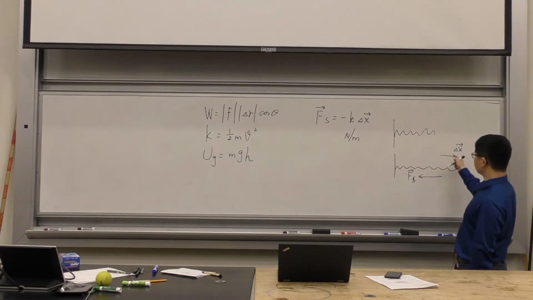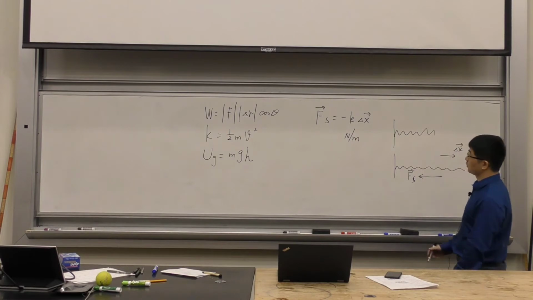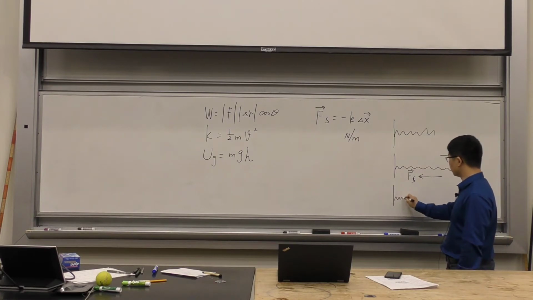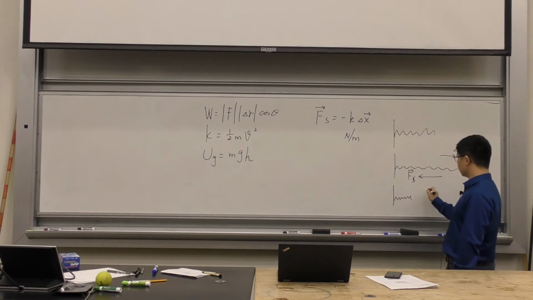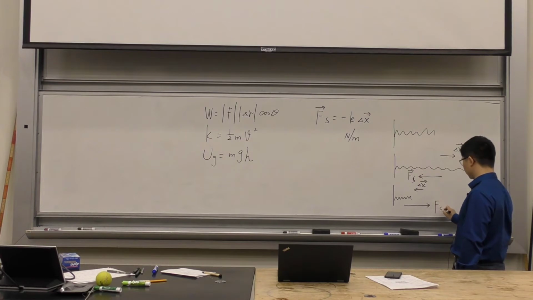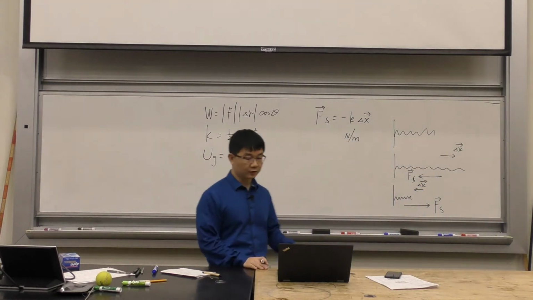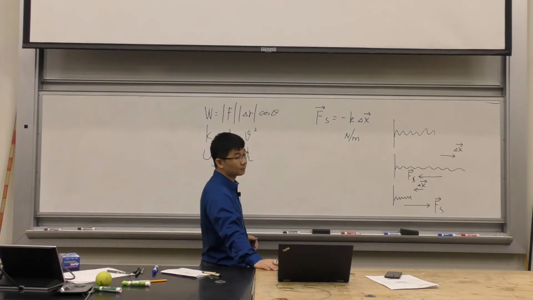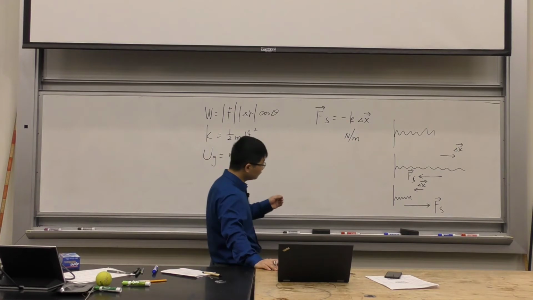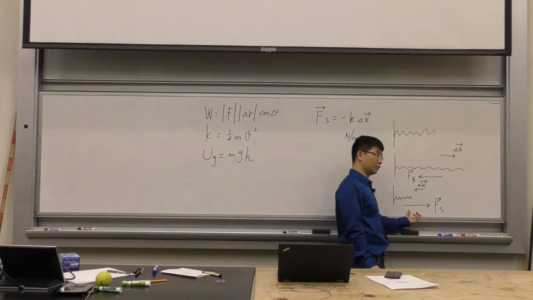So the force and the displacement are always in opposite directions. If you compress the spring to the left, this is the displacement, and the force in the spring is going to be to the right. It wants to go back to its original length. So the force in a spring is always opposite to the displacement. That's why we have a negative sign there to represent the direction of the force.